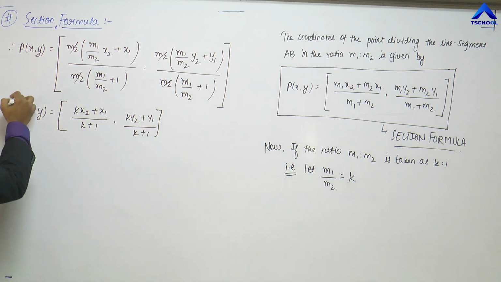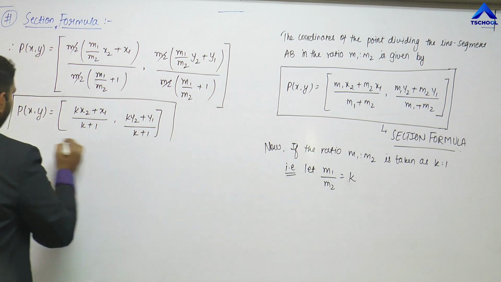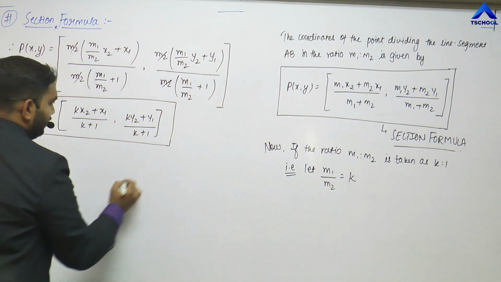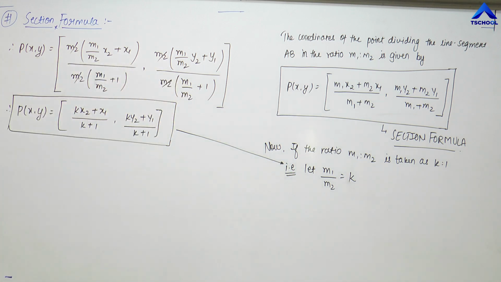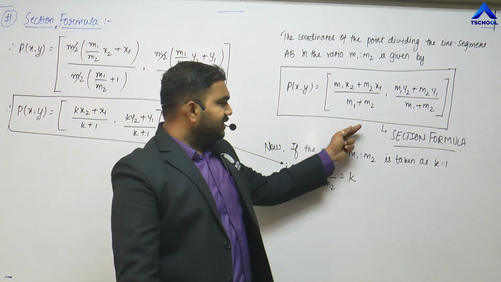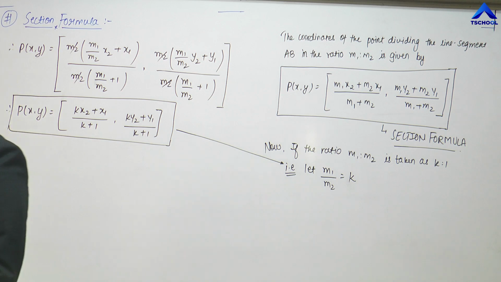This is again the section formula with a modification that we have taken m1 upon m2 equals k. So in the original section formula, if we substitute m1 upon m2 equal to k, then we get the new section formula, that is (k x2 plus x1) upon (k plus 1) comma (k y2 plus y1) upon (k plus 1). You can see that, friends, this formula has only and only one ratio, the second.